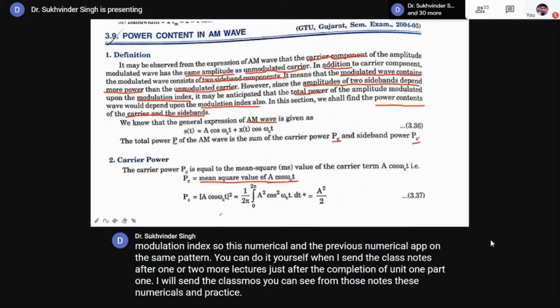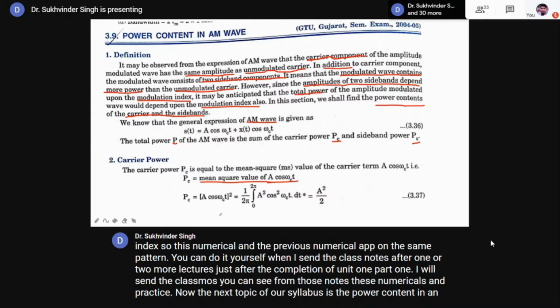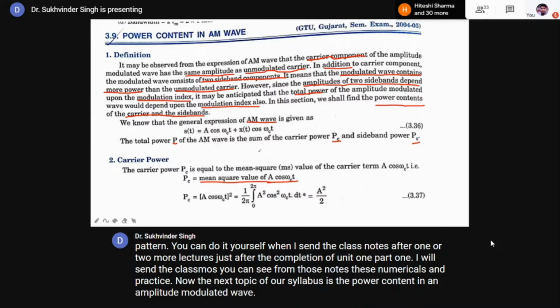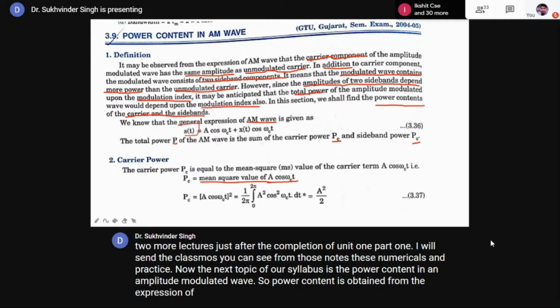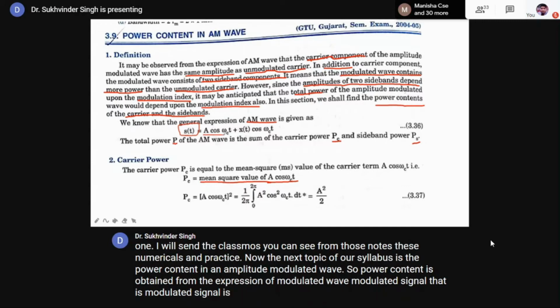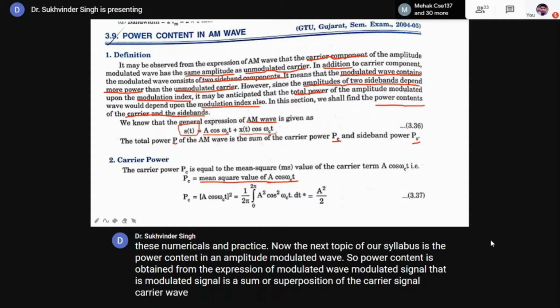Now the next topic of our syllabus is the power content in an amplitude modulated wave. So power content is obtained from the expression of the modulated wave, the modulated signal. That is, the modulated signal is a sum or superposition of the carrier wave and the message signal, that is the modulating signal.